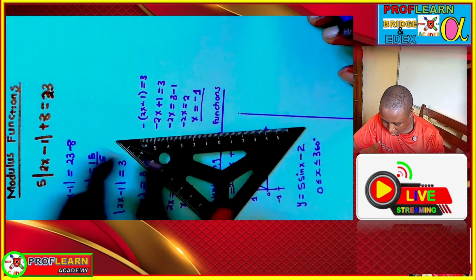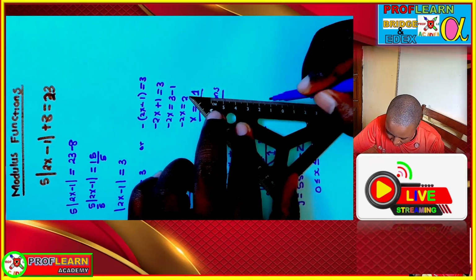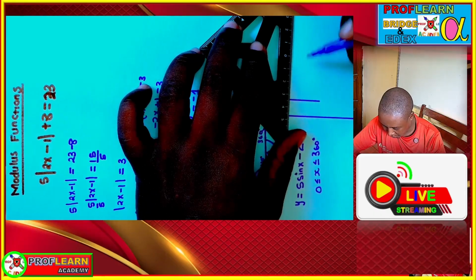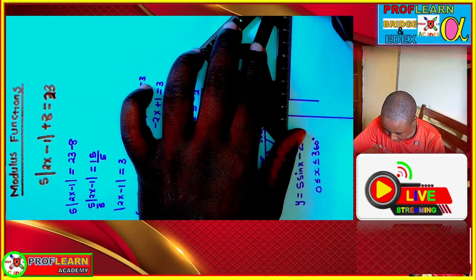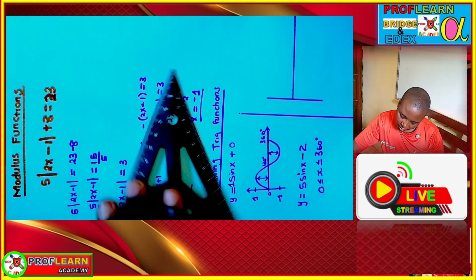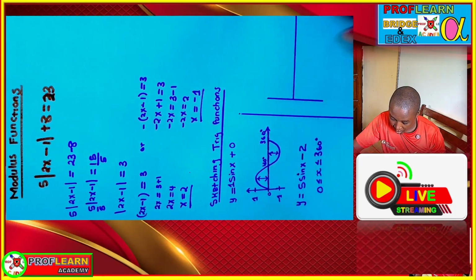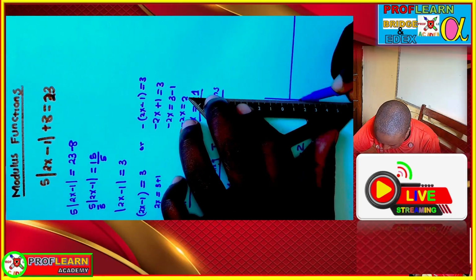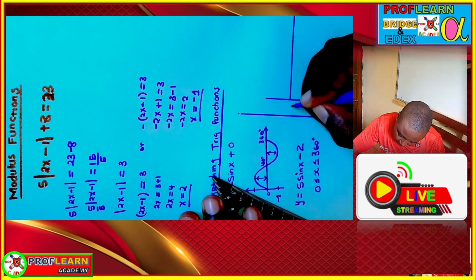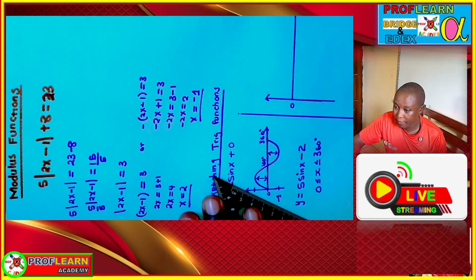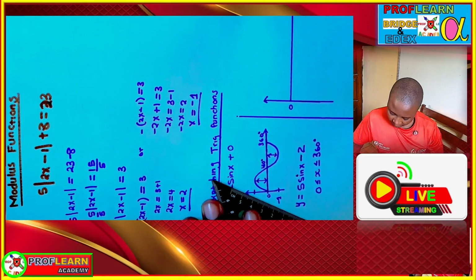So in order to sketch this graph, you have to do it like this. This is 0, this is the y-axis, and this is our x-axis, right?